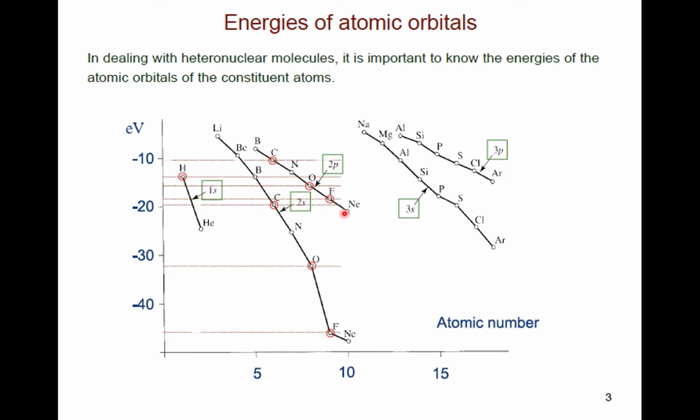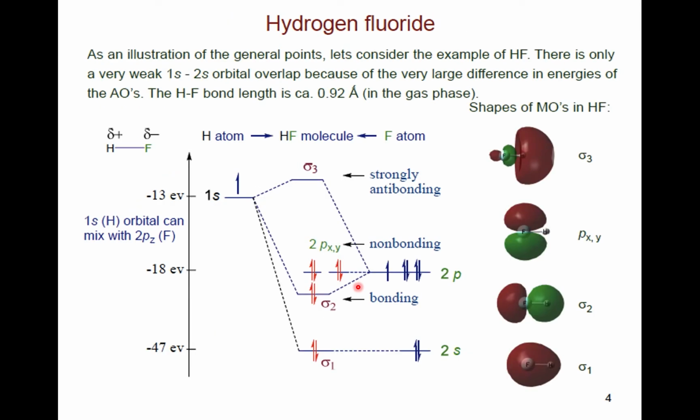As we step across the period, carbon, nitrogen, oxygen, fluorine, the energy difference gets larger. That'll be really important for the next type of analysis that we do: as we go from left to right across a period in the periodic table, the 2s, 2p orbital difference becomes larger.